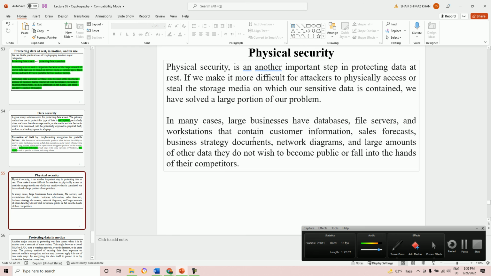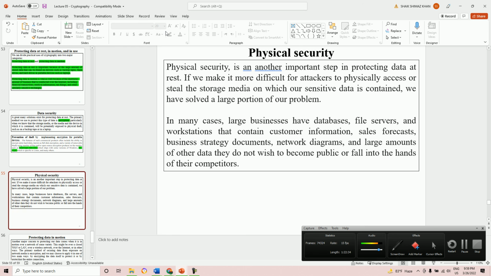If we make it more difficult for attackers to physically access or steal the storage media, see, physical security means, listen, we have a server in some room. We should protect the server. This server might have a lot of data, a database system. You might be studying a database course, for example, a bank database has all the information about the customers.